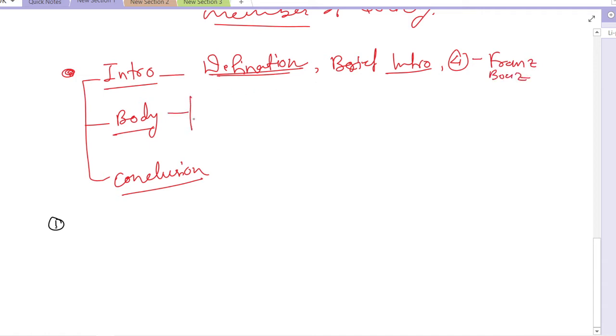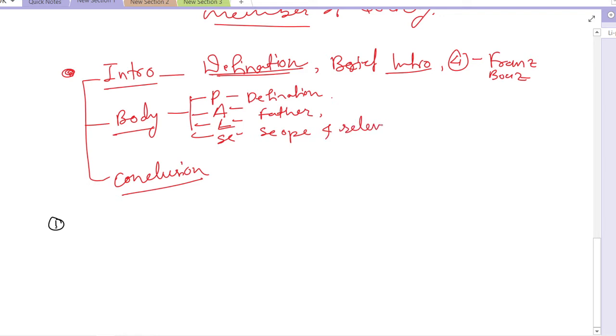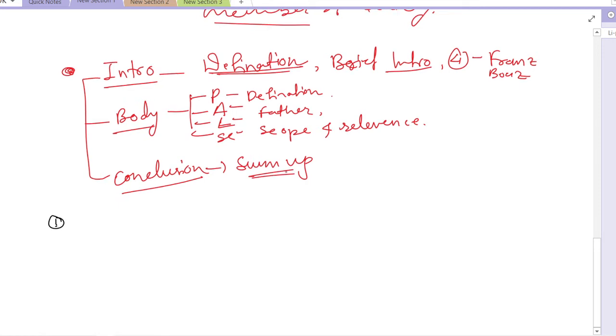In the body we will talk about the 4 branches: physical, archaeological, linguistic and sociocultural anthropology. There we will deal with the definition of each, the father of the discipline, and the scope and relevance. In the conclusion we'll sum up. So without wasting more time, we'll start with the answer.